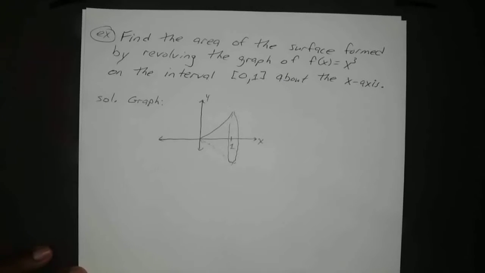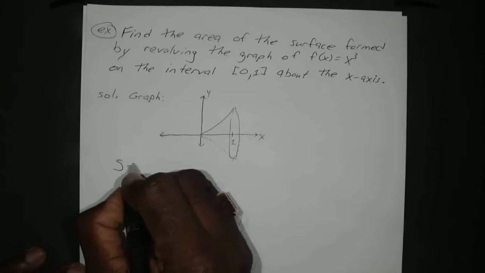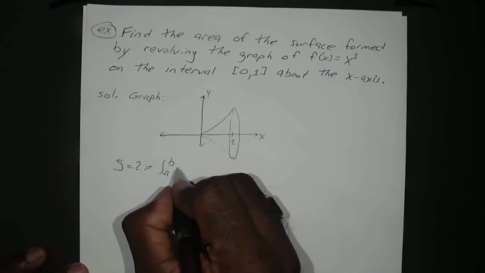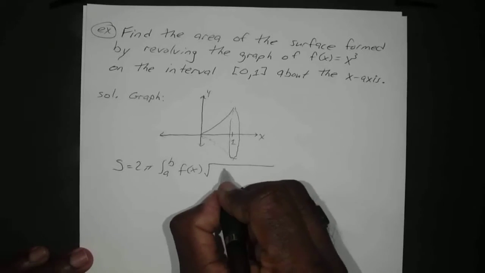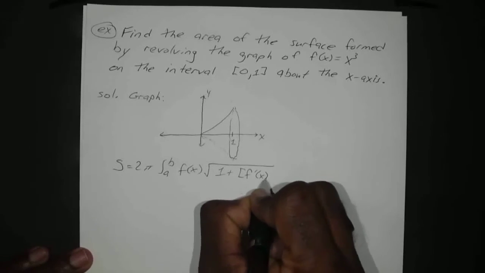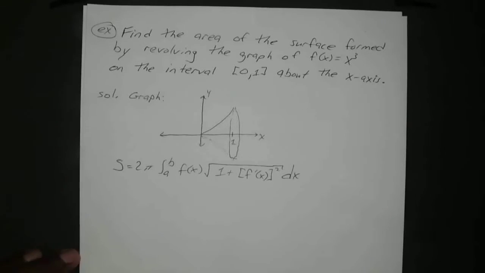Okay, so if we're going to find the area of that surface of revolution, it's 2 pi times the integral from a to b of f of x times the square root of 1 plus f prime of x squared with respect to x.